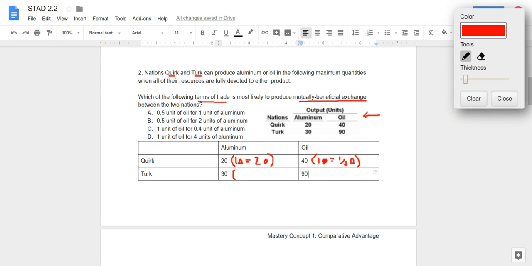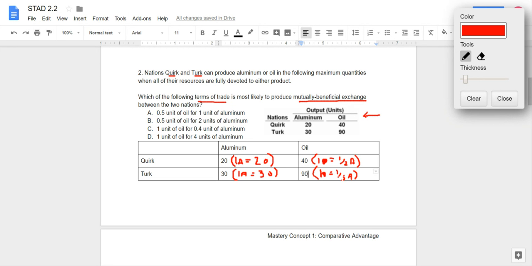All right, jump down here. We have one aluminum. In order to produce 1 aluminum, how many oils do you have to give up? Well, it's output, so I do the other, 90 over 30, or 3 oil. And then over here, 1 oil is going to equal 1/3 aluminum.